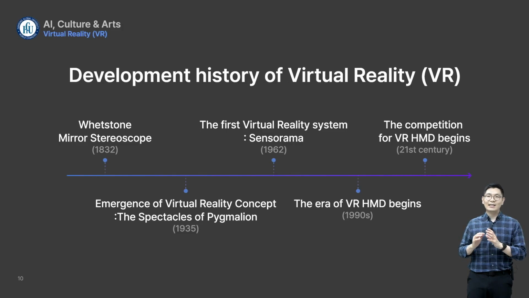The 1990s marked the beginning of the VR HMD era, with the first head-mounted display and controls leading to more immersive VR experiences. By the 21st century, companies like Meta and HTC Vive had brought significant advancement to VR technology, making it more accessible and widely used in various fields.